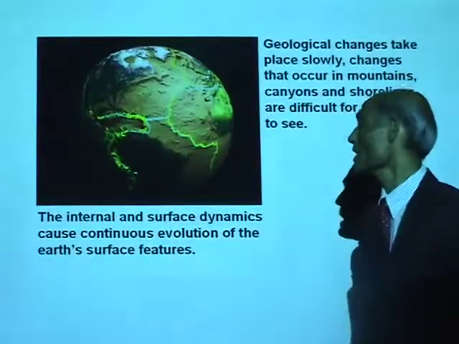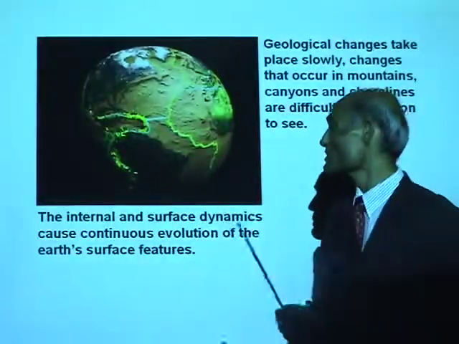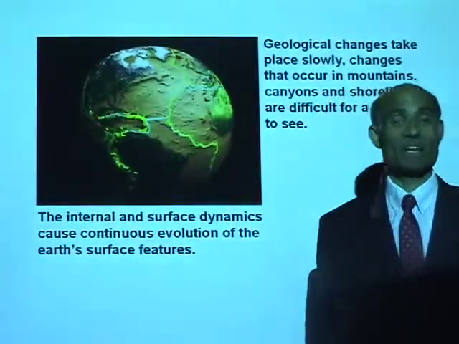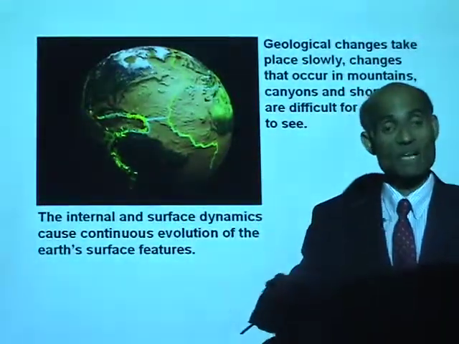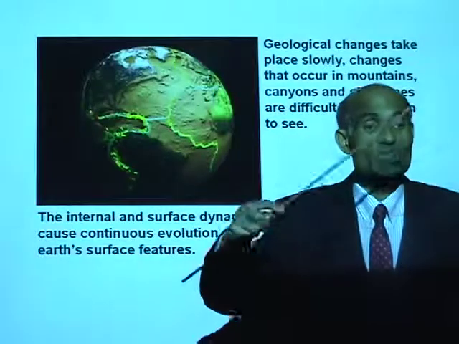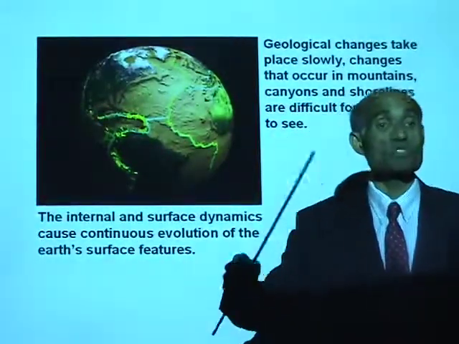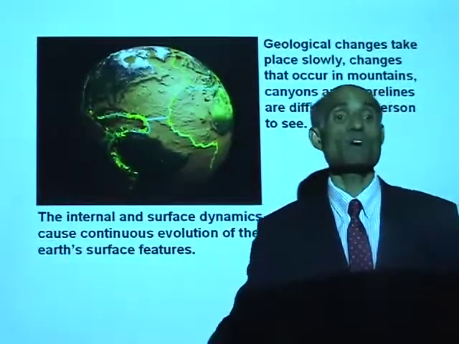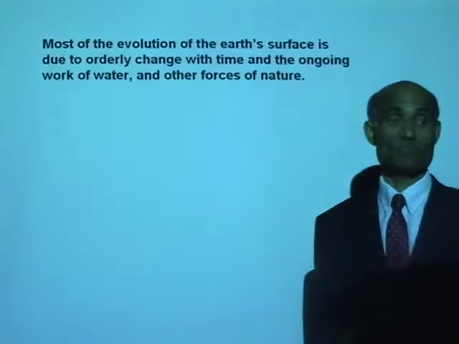The internal and surface dynamics cause continuous evolution of the Earth's surface. Now, some of the changes that we talked about in the last two classes are occurring continuously, and that causes the features of the surface to change. The surface of the earth is in a continuous process of change.